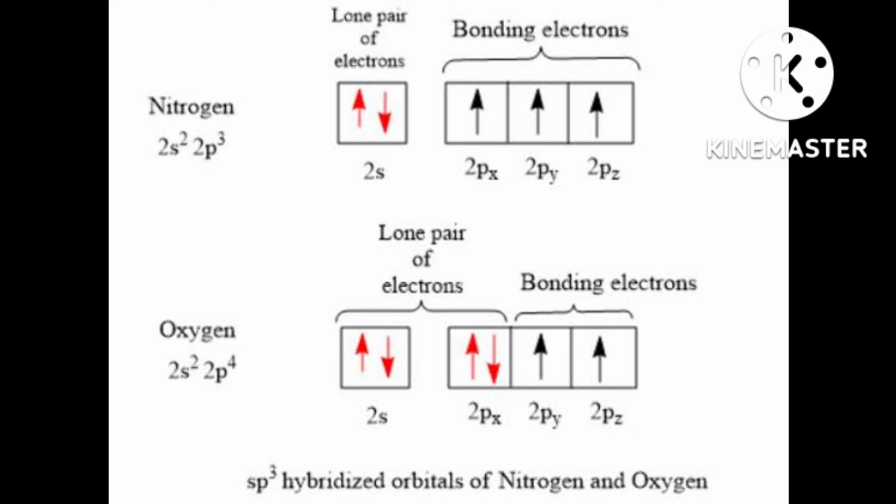Each of the sp hybridized orbitals overlaps with a 2p orbital of chlorine.